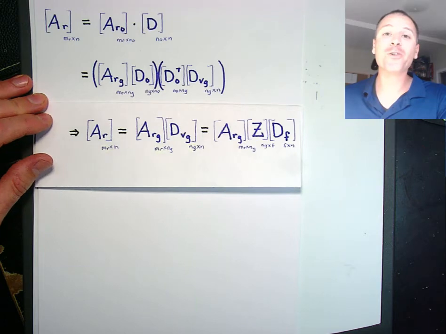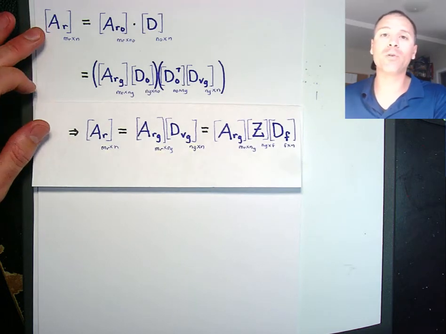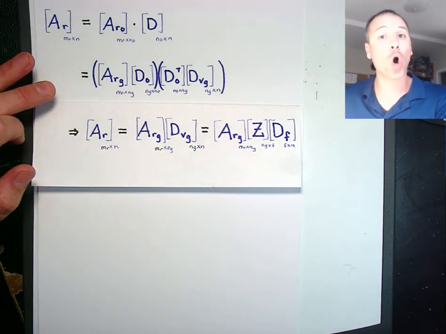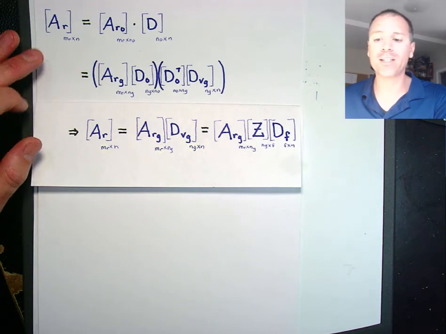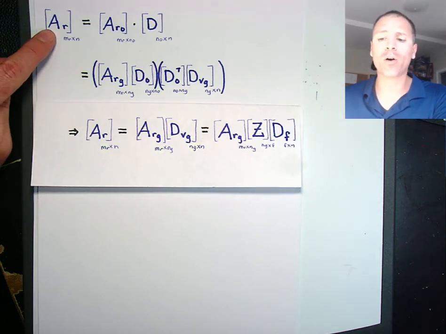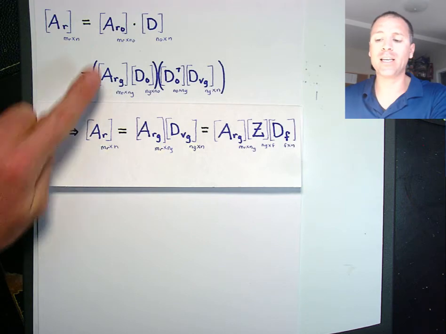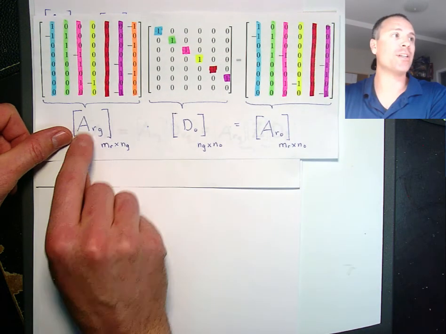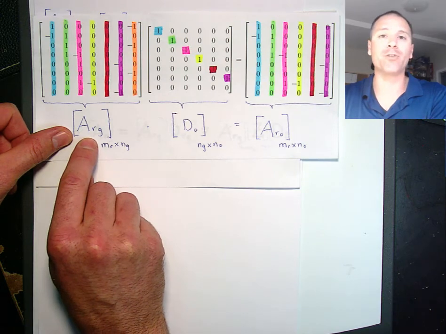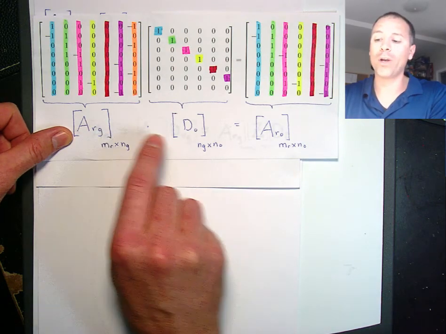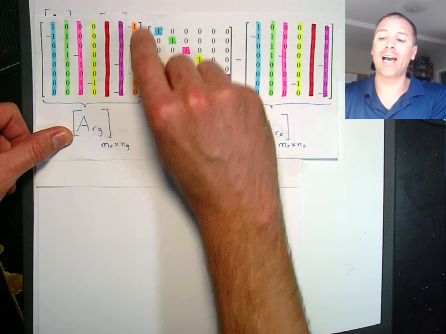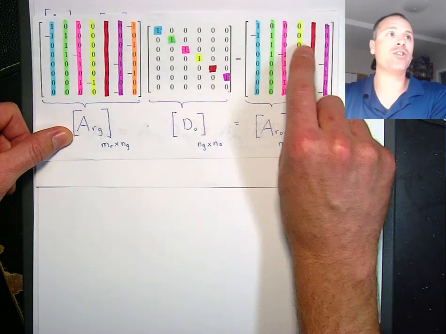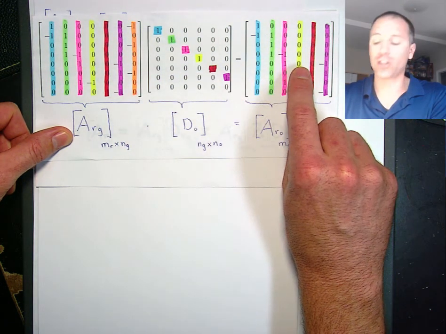The last thing I wanted to do is give you some specific examples of how this result plays out for our example 2 circuit that we're analyzing. If we take a look at A sub r equal to A sub r naught times D, remember that we formed A sub r naught by deleting one column. So in this case, we started with the entire incidence matrix for the resistor subblock. We deleted the column that we chose as ground, and that led to a grounded resistor subblock.